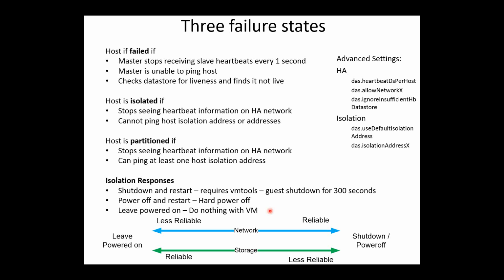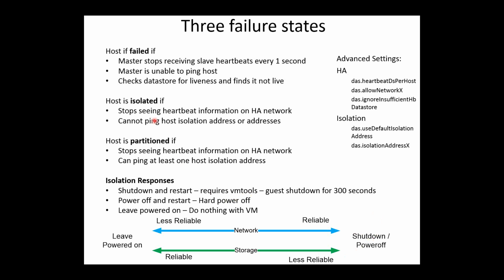I like this graph. This was first coined by Duncan Epping, and so I'll give him credit for it, and Frank Denneman. But essentially, the less reliable your network is, while the more reliable your storage is, you're probably going to want to choose leave powered on. If you happen to have a very reliable network but a very unreliable storage, you might want to choose shut down and power off.